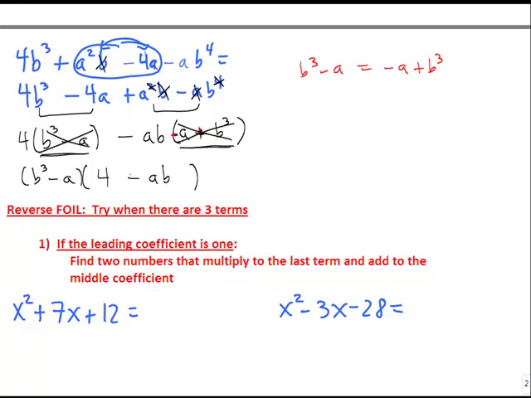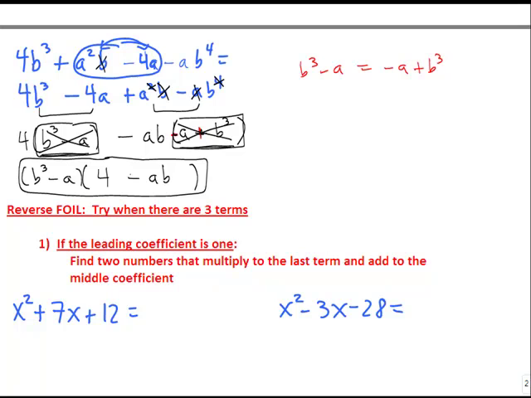So try swapping terms around, then do your grouping process, and remember you always want what's left in these parentheses to match what's left in these parentheses. And then you can pull it out and you're left with your final solution. Okay, so that's the grouping method. You want to try that whenever you have 4 terms or really any even number of terms, but most commonly you're going to see it with just 4 terms.